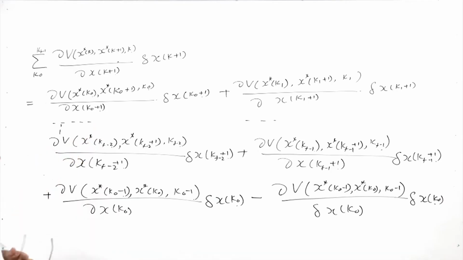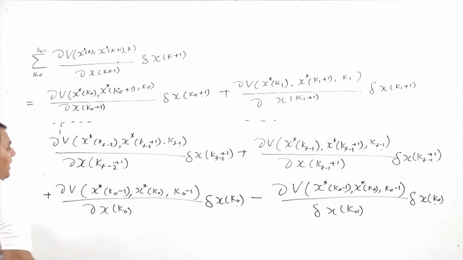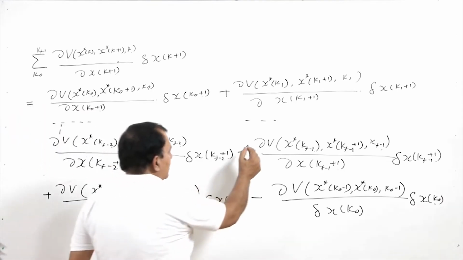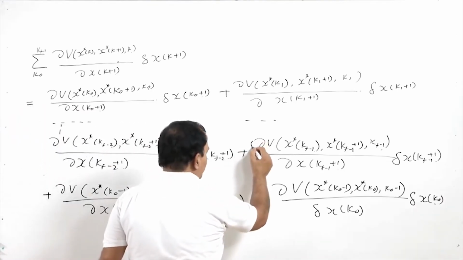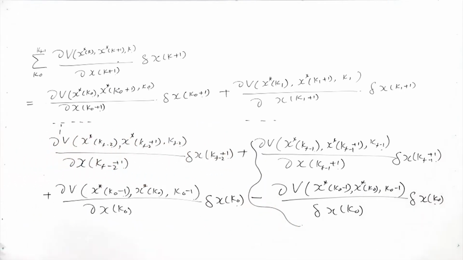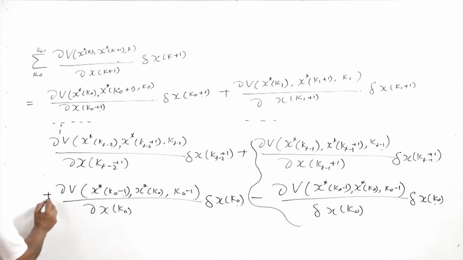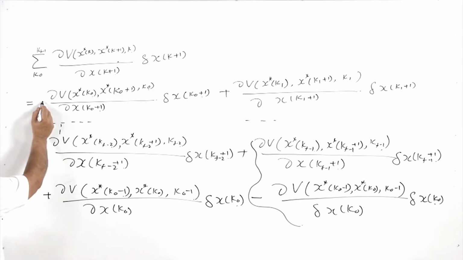Now what we are doing, I am including this first term as my first term of this expression, and these two terms I am combining together. I am not going to change the number of terms here from k0 to kf minus 1. So, this whole expression, I have included this term as the first term of this expression.